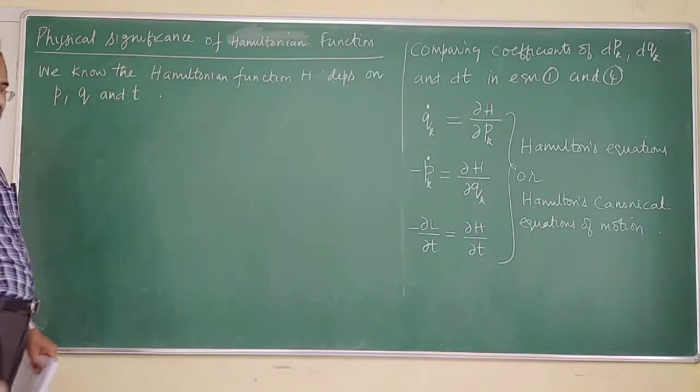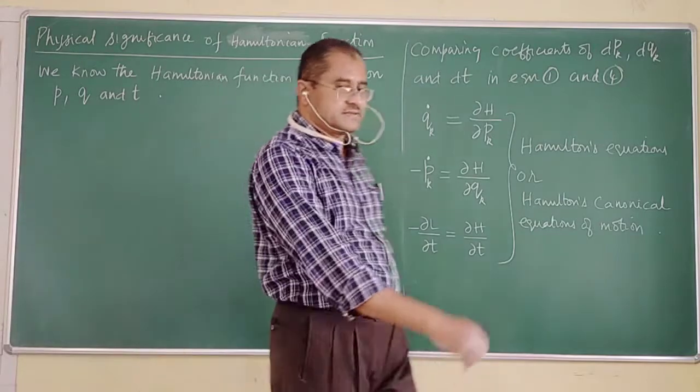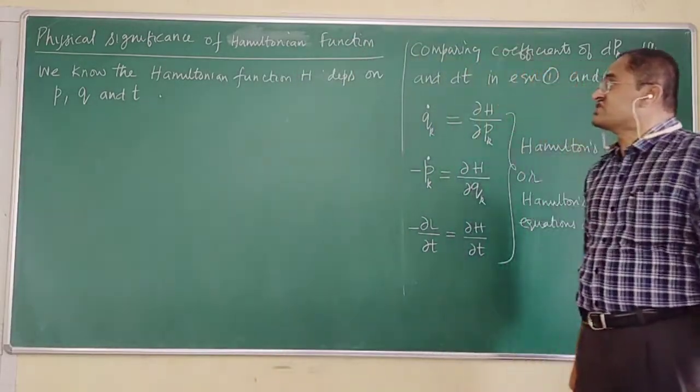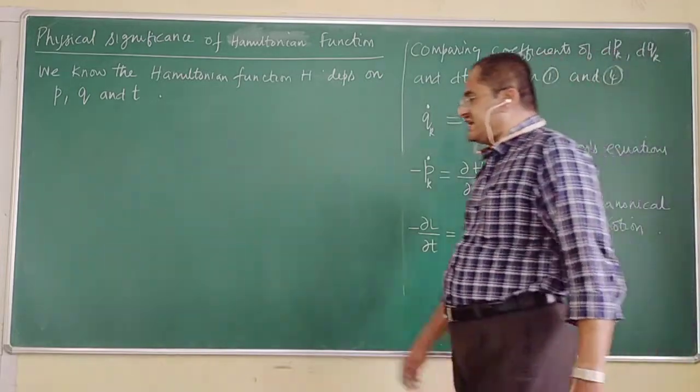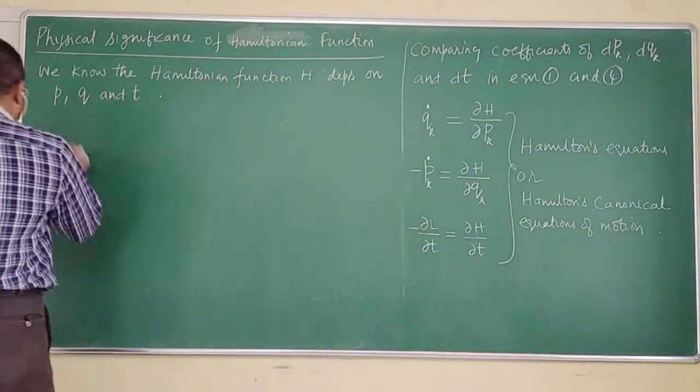Right from the beginning I have been telling you that the Hamiltonian function H depends on p, q and t. So for the generalized case I write it like this.